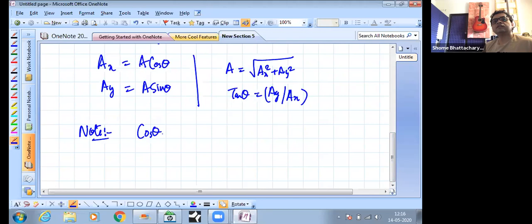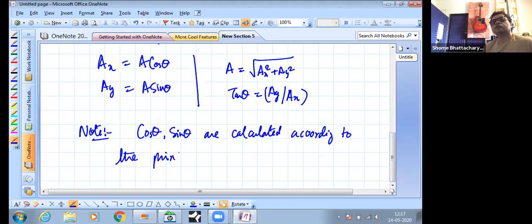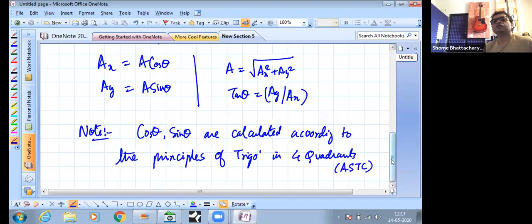So the main thing here is to understand that cos theta and sin theta are calculated according to the principles of trigonometry in 4 quadrants. That is what in maths we also call the ASTC rule.